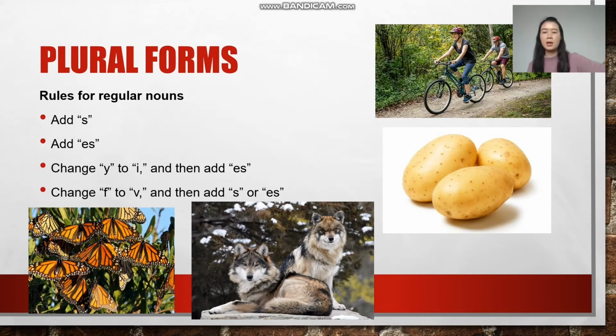Okay. Next one, on the left, we have butterfly, ending with y, and in this case, you have to change from y to i, and then add es at the end, butterflies, because before y is the letter L, and that is a consonant.